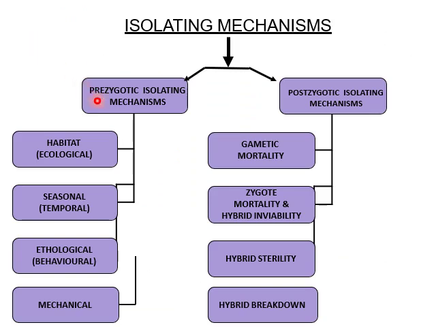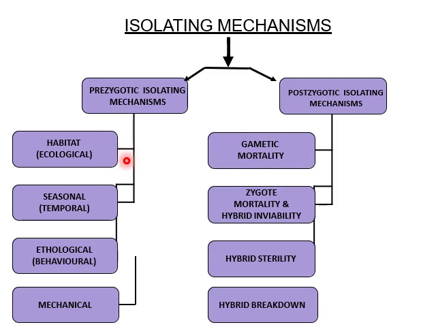In this diagram, you can easily observe the two isolating mechanisms: number one is prezygotic isolation and number two is postzygotic isolation. First of all, we will discuss the different types of prezygotic isolation.